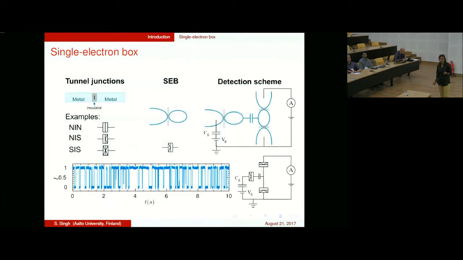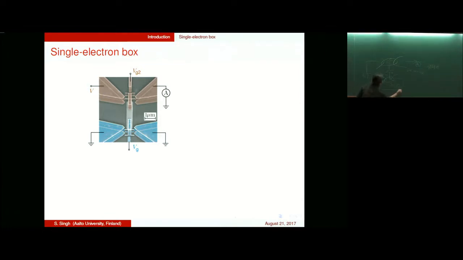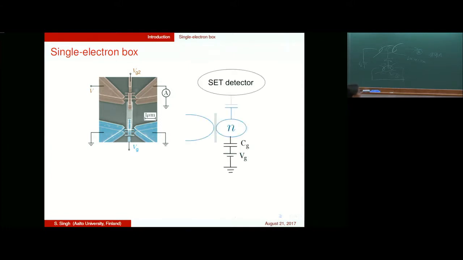But here I'm grounding the lead of the sample from both sides. So essentially I'm putting both of these parts to the same potential. Both are connected to the same, and then there is only one island. So in the cartoon picture it looks something like this.